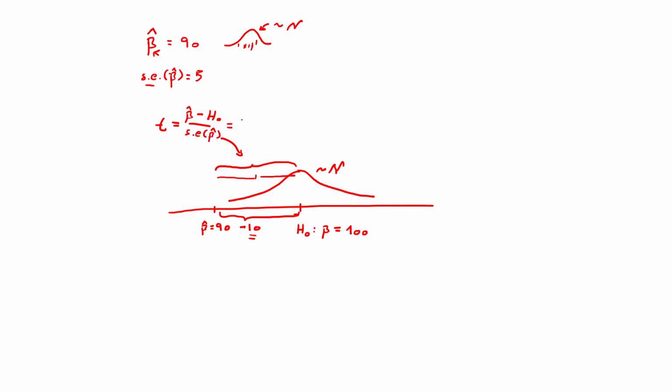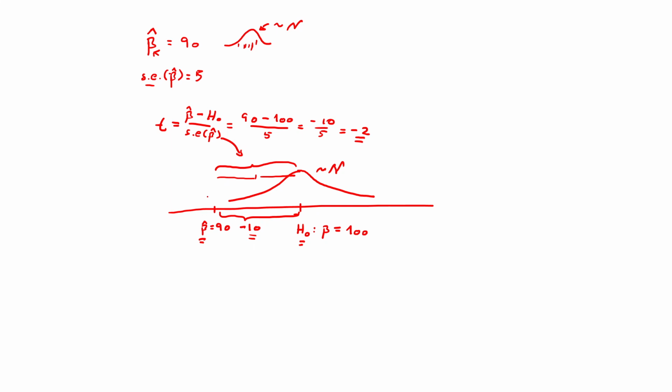In our case, this is 90 minus 100 divided by 5, which is -10 divided by 5, which is -2. So the distance between the sample beta and our null hypothesis beta is -2 standard errors. So the t value gives you the distance in standard errors.